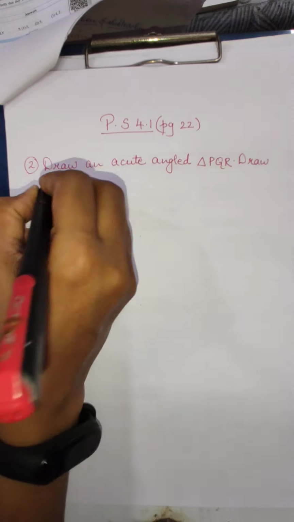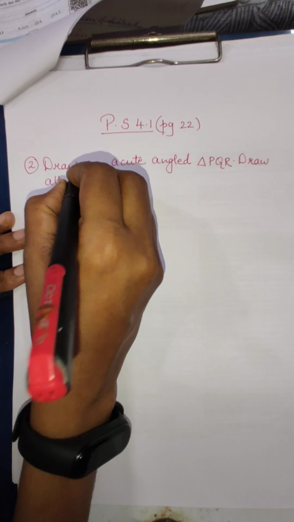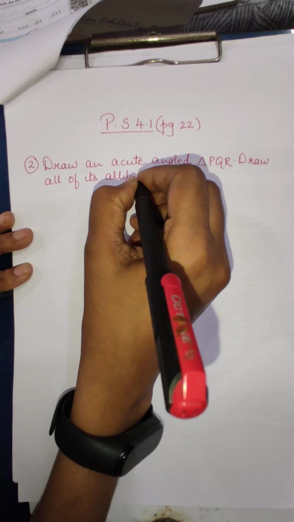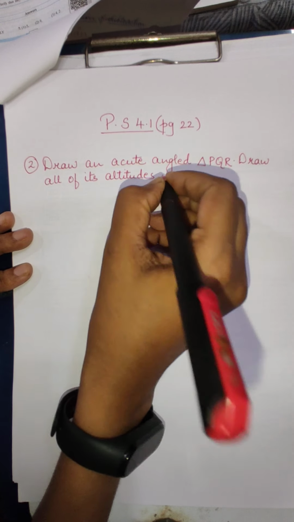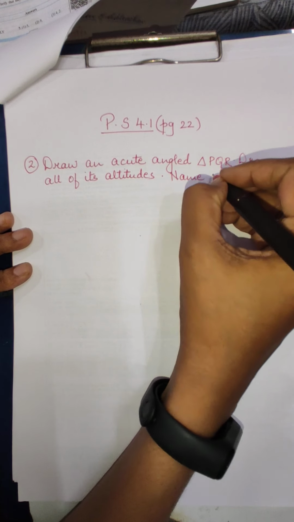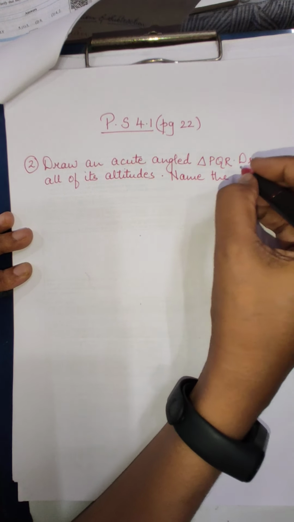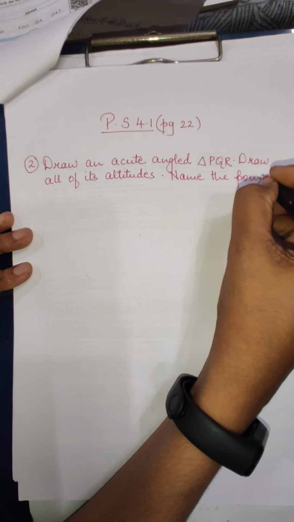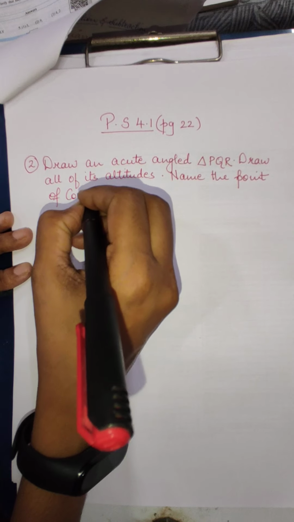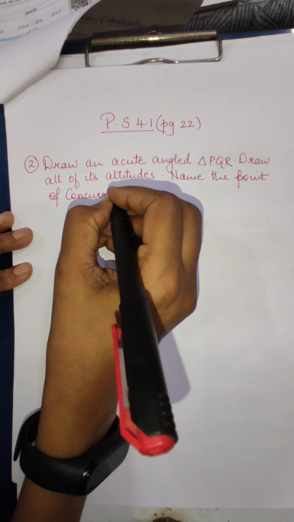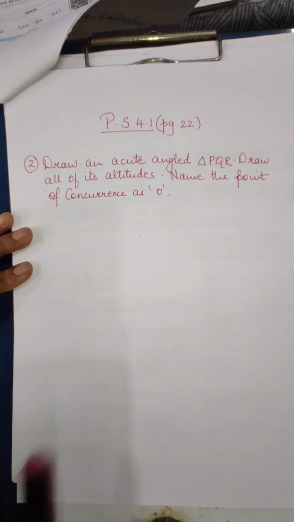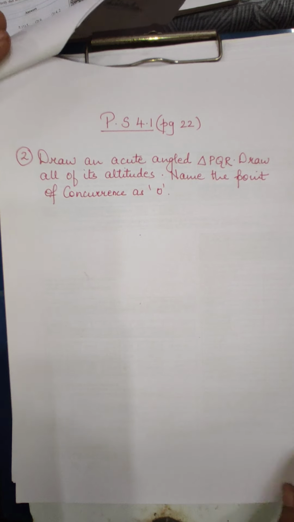Draw all of its altitudes. So we have to draw altitudes in this case. And name the point of concurrence as O. This is the question that we have.